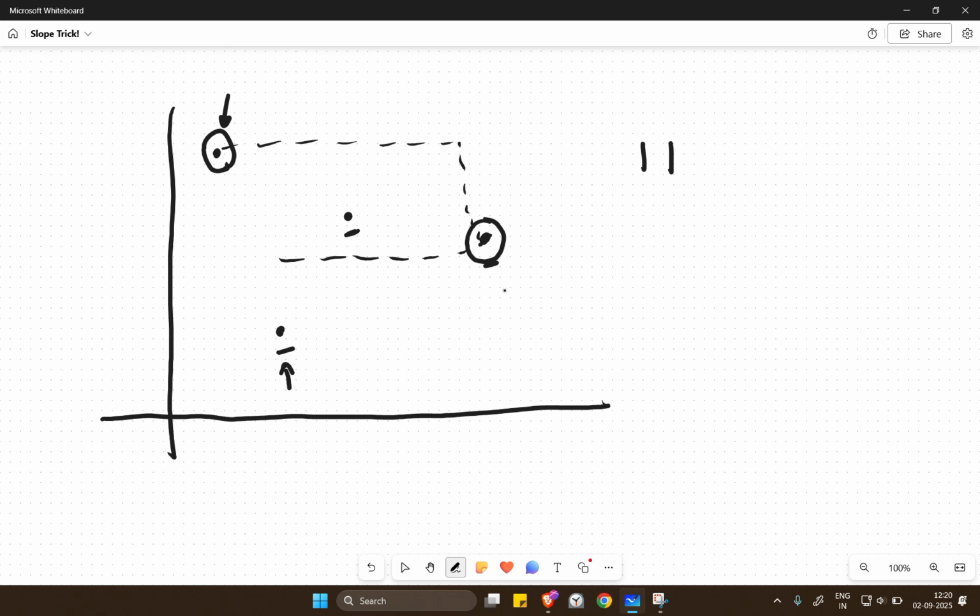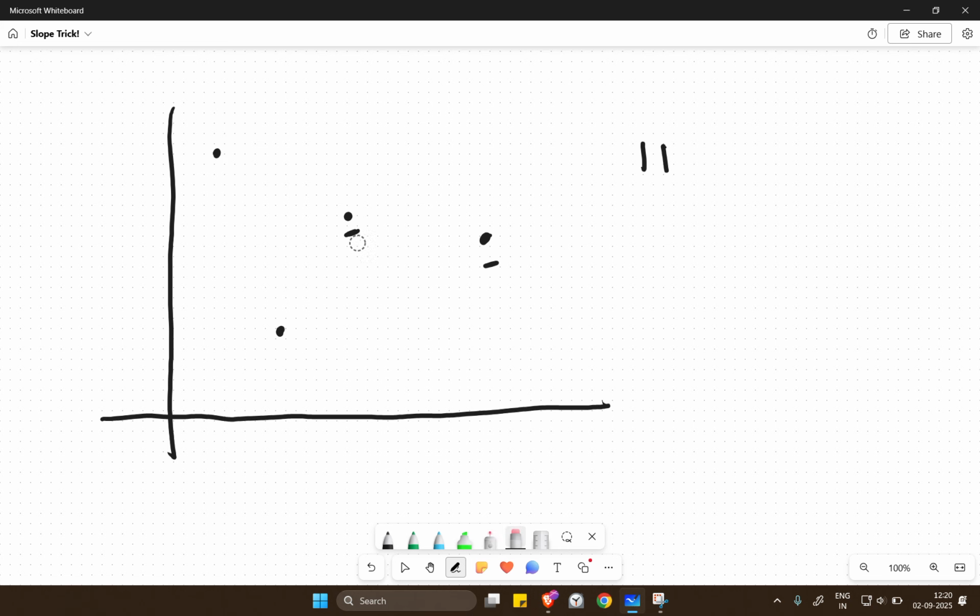So going forward, considering the second point. Now let's consider this point. Okay, so for this point, this is the only point which satisfies the condition, so +1 to our answer.